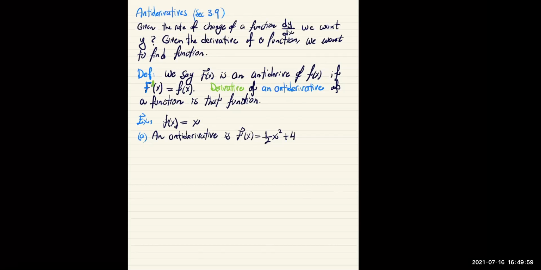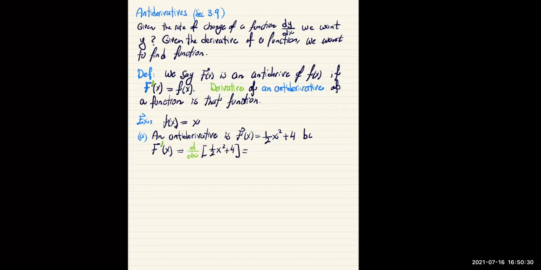Well, why is that? Just go based off the definition. This is because if I take the derivative of capital F, d/dx of half x squared plus 4, when you differentiate x squared you get 2x.